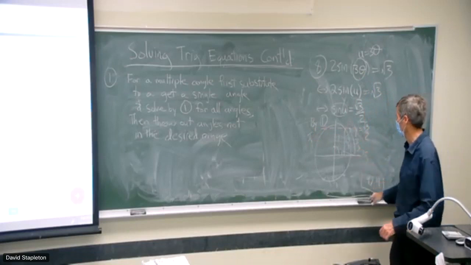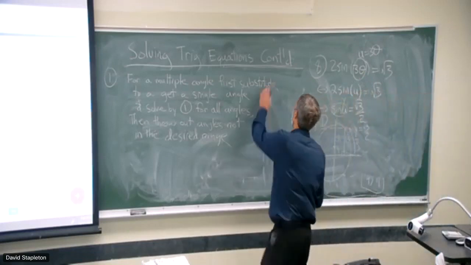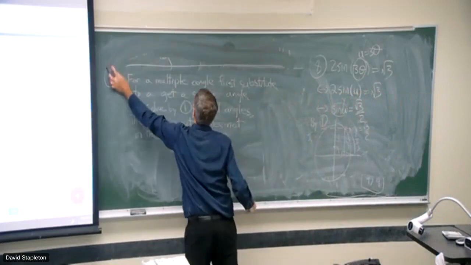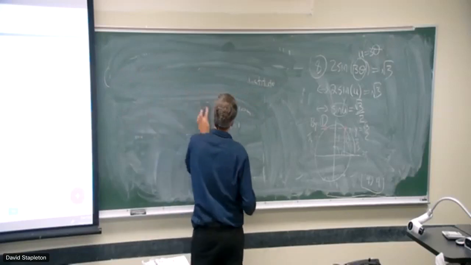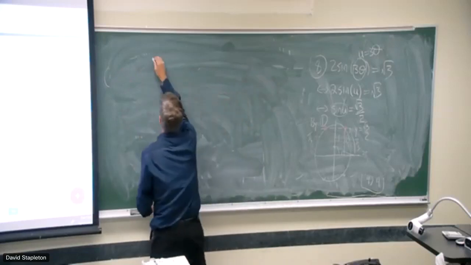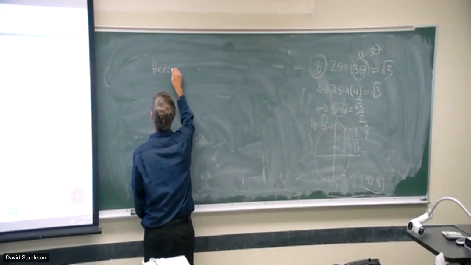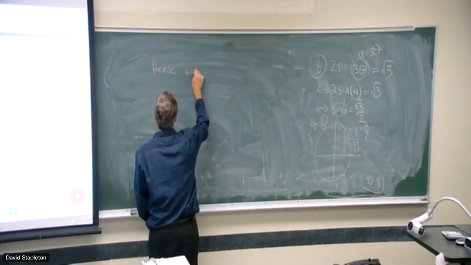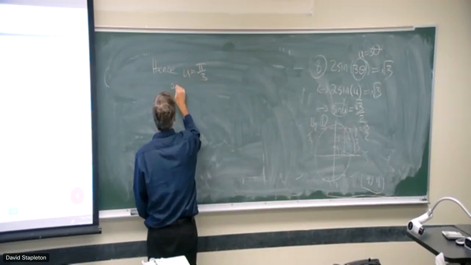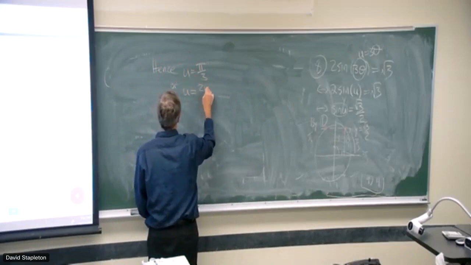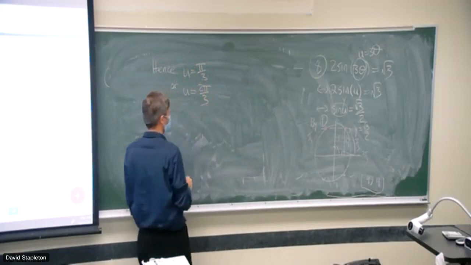Now what I deduce from that is the solutions for u are u equals pi over 3 or 2 pi over 3. Those are all the solutions within one rotation.